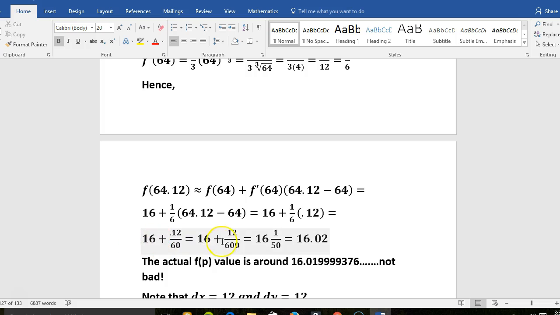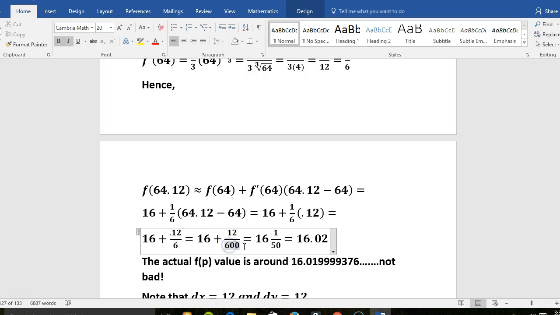Now, I go through a lot of rigmarole here, but you don't have to. 0.12 is 0.12 over 6. Oops, that shouldn't be 60, should it? That should be 6. My bad, guys. That's 6, not 60.